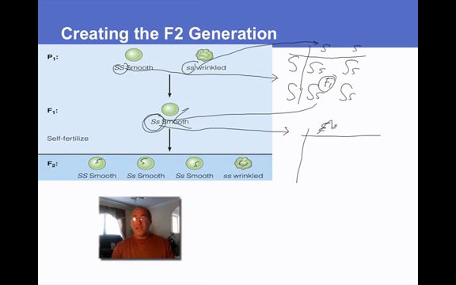alongside a Punnett square, and if you add those together we have big S, big S, big S, little s, big S, little s, and 2 lowercase s's here.